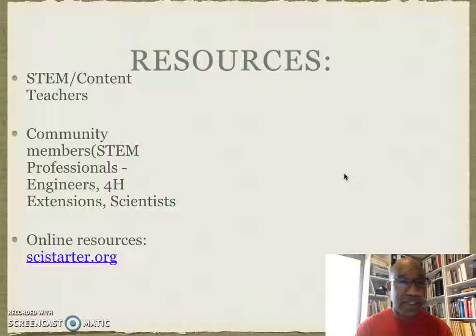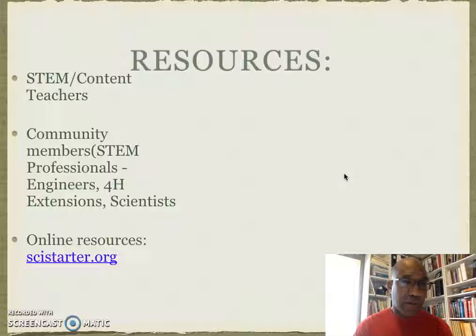Your 4-H extension, the local farm bureaus, those are wonderful opportunities for help. STEM professionals in the community, engineers, doctors, those are excellent resources that you can bring into the classroom, so students can learn from them, ask questions, and get a chance to practice using that academic information.